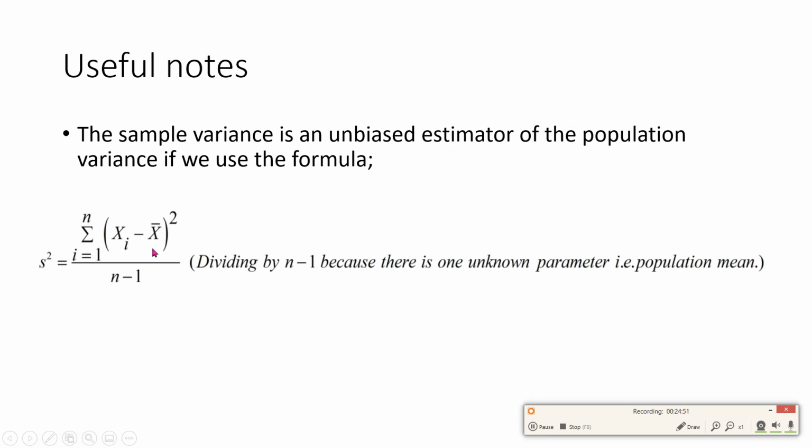Instead of mu in the numerator we are using x bar, so we are approximating the population mean by the sample mean. That is why we divide by n minus 1, which is the sample size minus the number of unknown parameters. Here the population mean mu is an unknown parameter in this formula, which is being approximated by x bar.